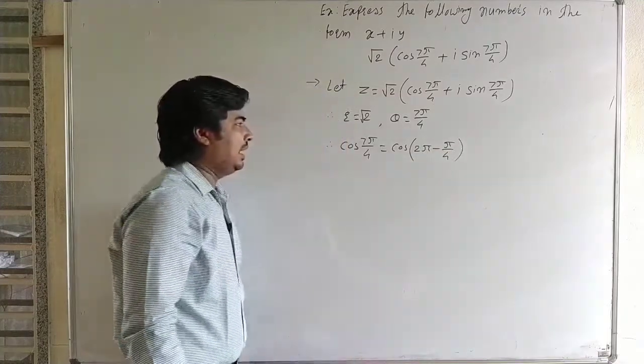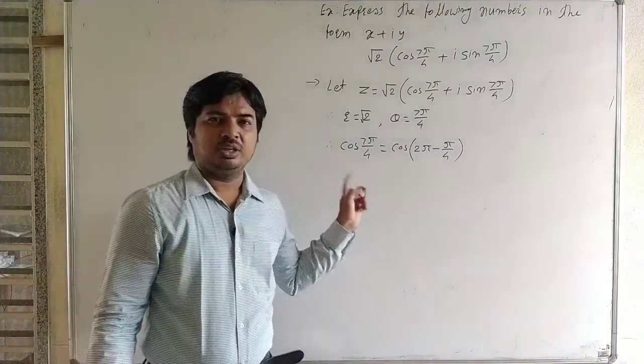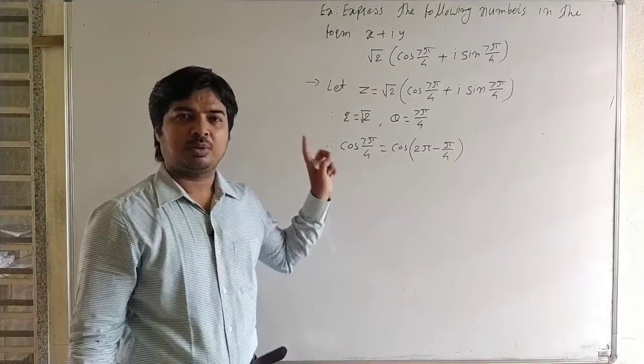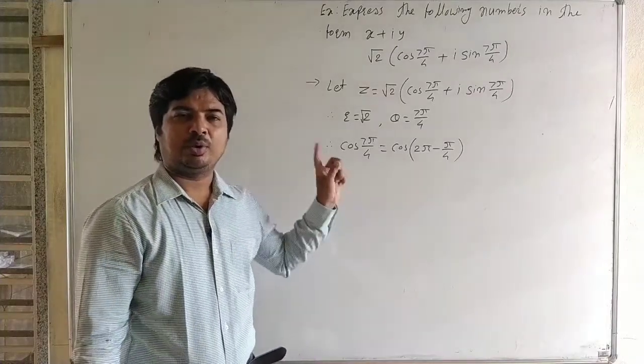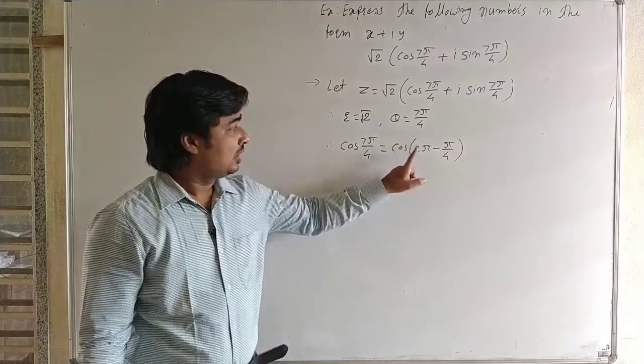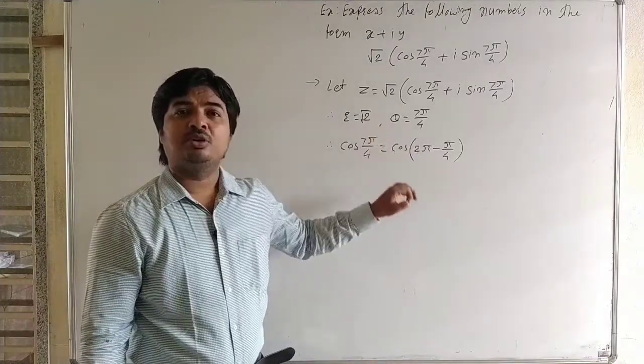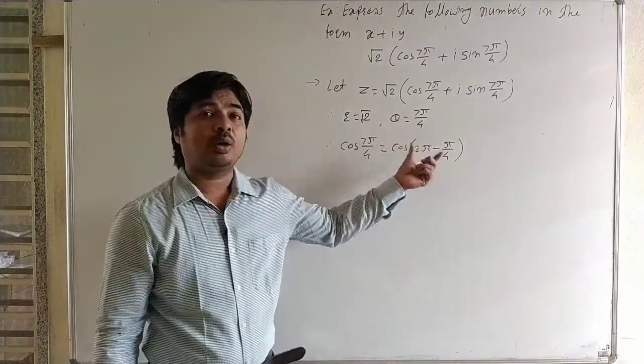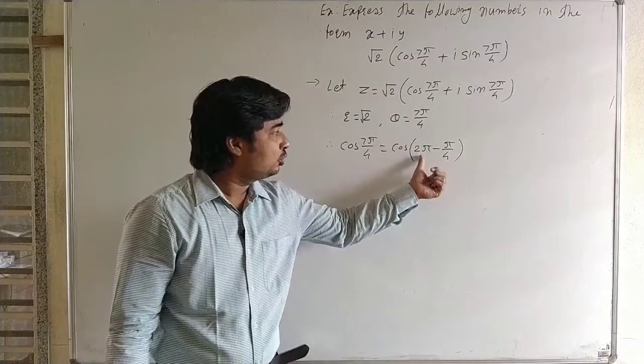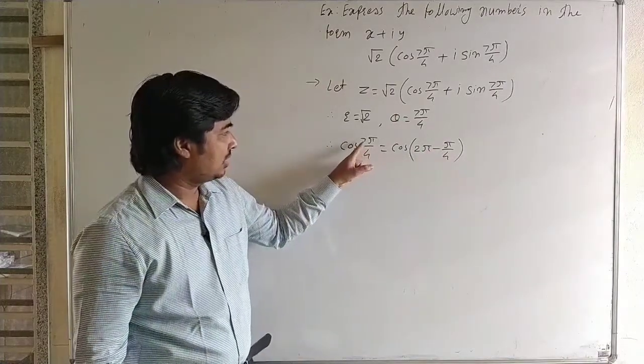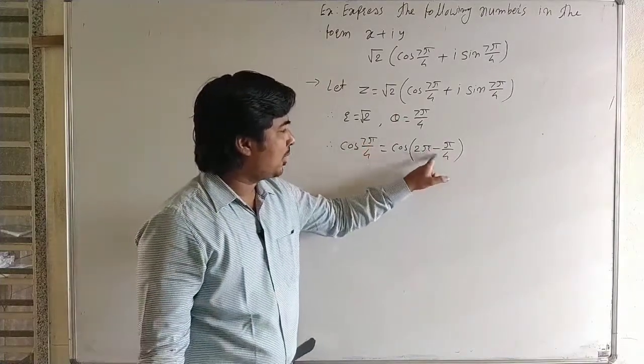The allied angles are at 90, 180, 270 and 360 degrees, that is pi by 2 plus theta, pi by 2 minus theta, pi plus theta, pi minus theta, 3 pi by 2 plus theta, 3 pi by 2 minus theta, and 2 pi plus theta, 2 pi minus theta. Here we use 2 pi minus theta. Here 7 pi by 4 is 2 pi minus pi by 4.